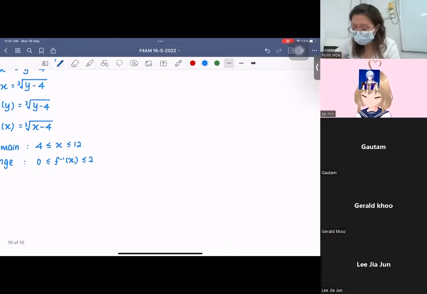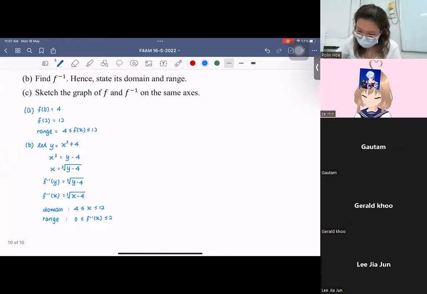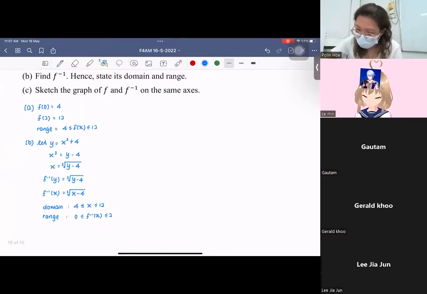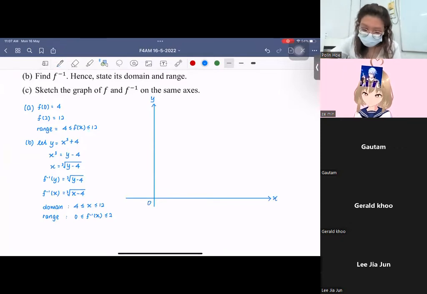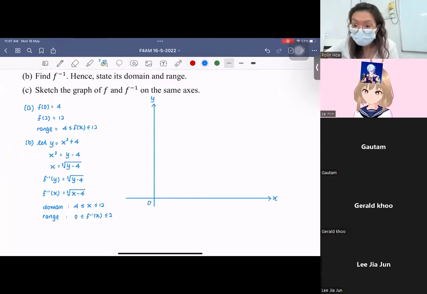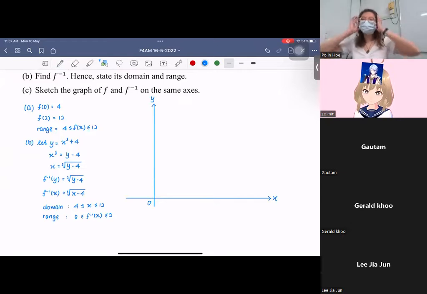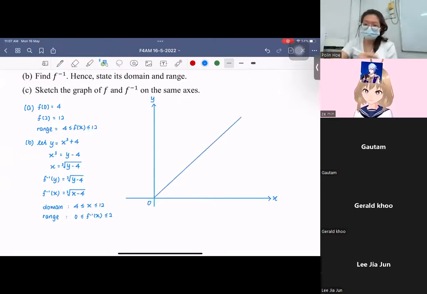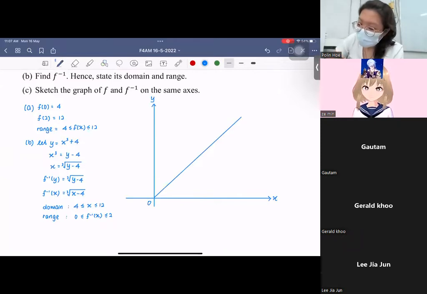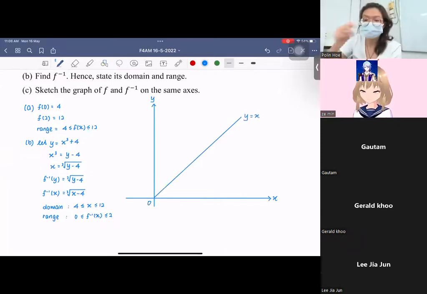Okay, now let's draw out the graph. Can anyone tell me the graph of function f and its inverse will reflect in what line? Reflect in the line y equals x. Reflection.